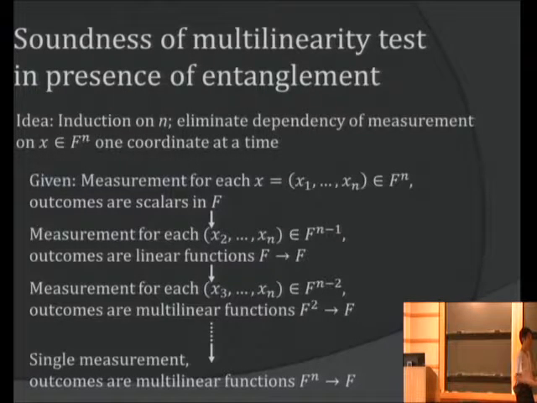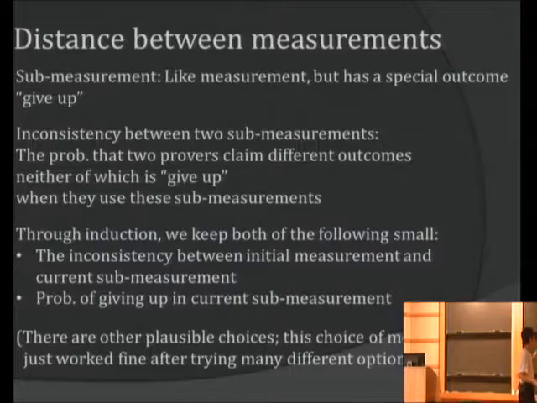How to measure the similarity between two measurements was quite difficult to choose. We tried many things, and it turned out that one particular choice worked quite well, called inconsistency between two submeasurements. We call it inconsistency.